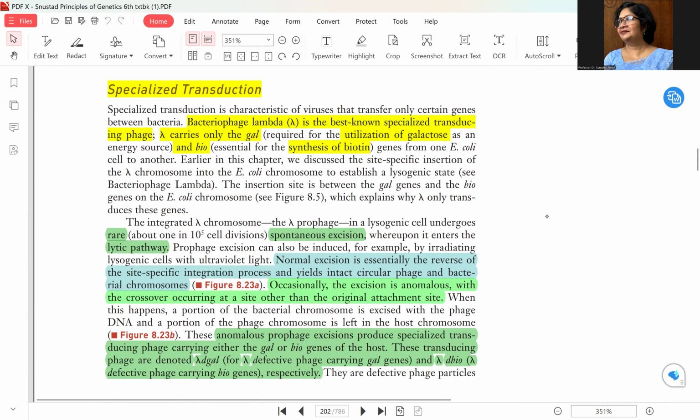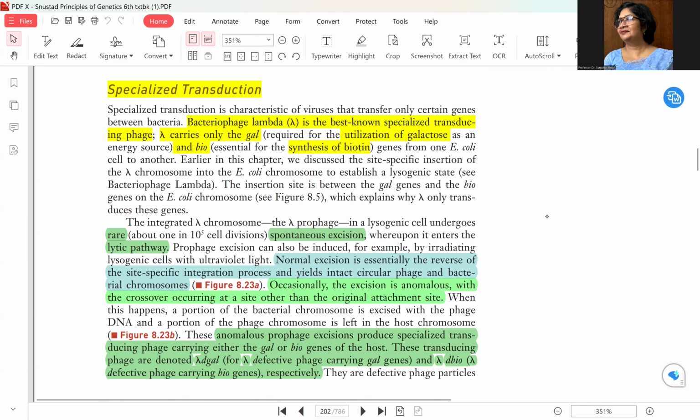So if the virus DNA carries the galactose gene, we call the virus lambda d gal, that is, lambda virus but defective with the galactose gene. That is, it contains the galactose gene, which is a defect in the lambda virus because it is not supposed to carry that gene. Or it is lambda d bio virus, that is, lambda virus but defective, which does not carry the full lambda virus sequence.